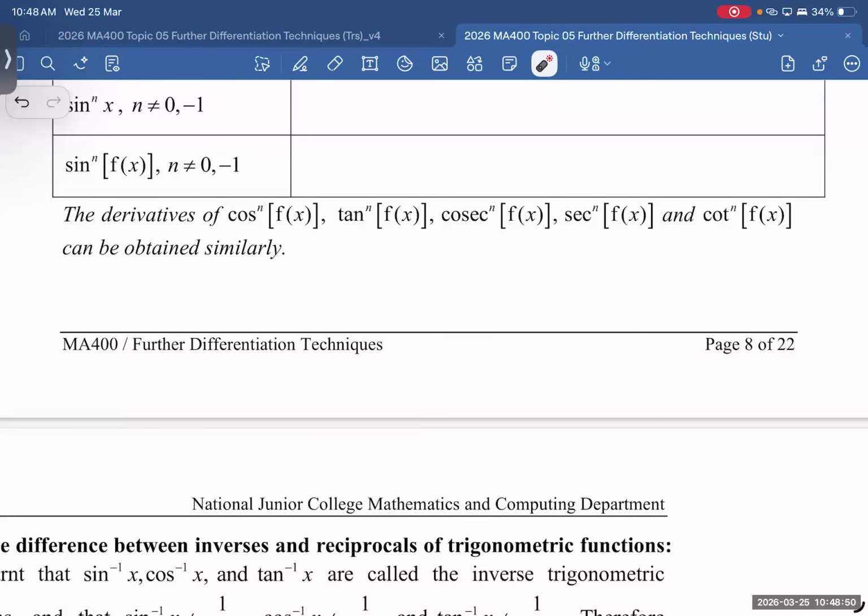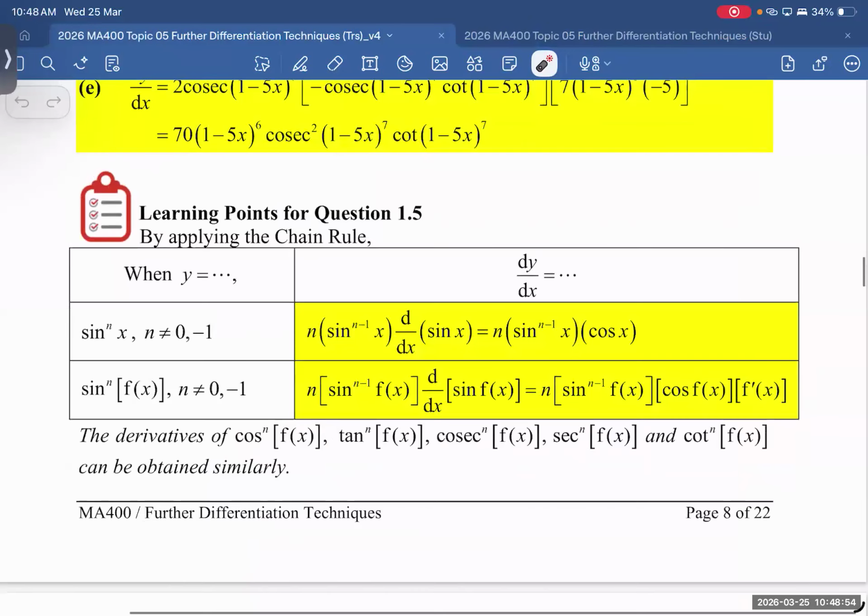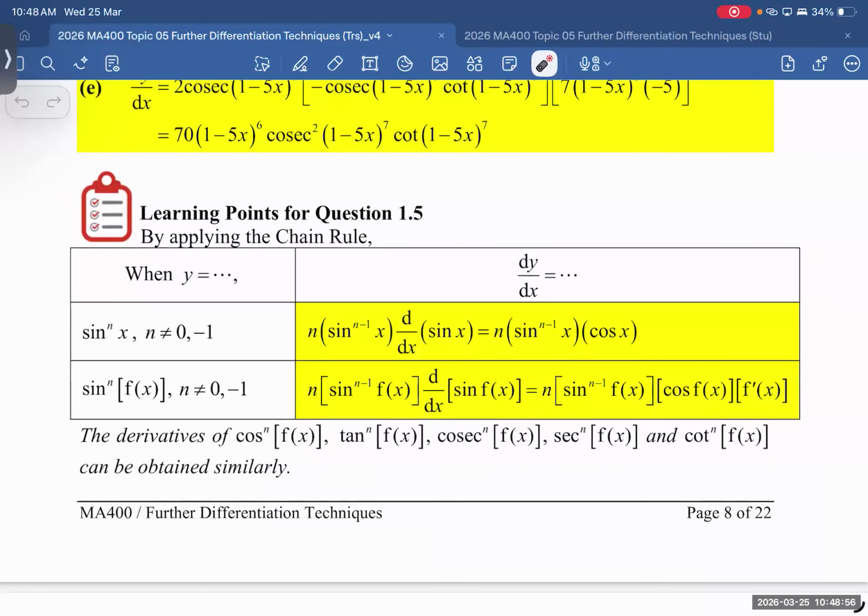Basically, if you have a sine of n power x, you differentiate the outer layer, then differentiate the inner layer, and this is what you get. You differentiate sine power n, f of x, again outer layer, inner layer, that's what you get. Can you look at page 8 and copy this down?